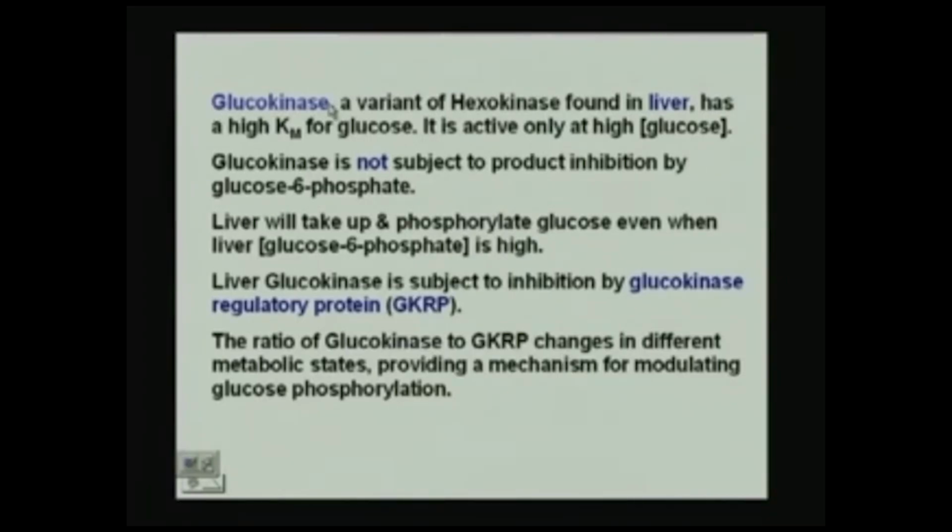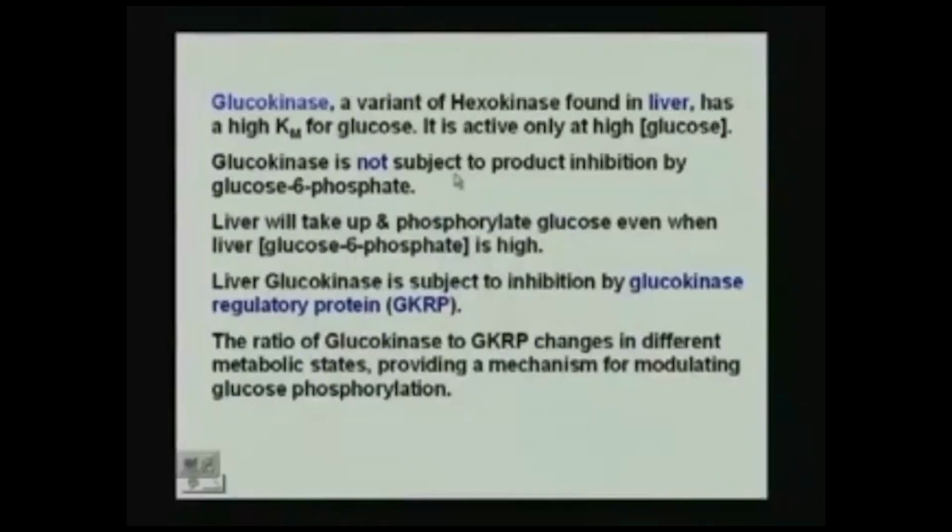When there is a high level of glucose, the glucokinase enzyme comes into the picture. The glucokinase enzyme is not subject to product inhibition by glucose 6-phosphate. What does that mean? It means that glucokinase will act on glucose.